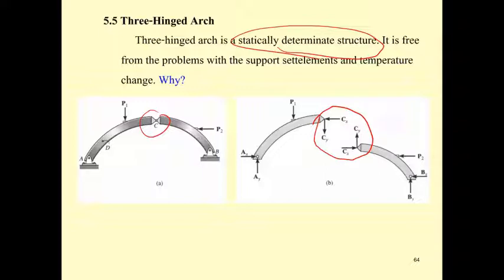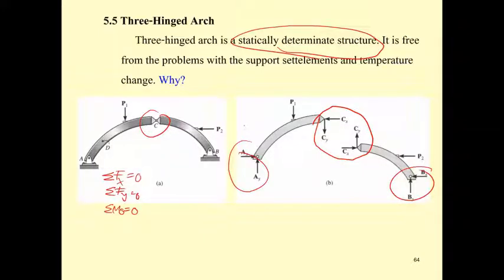So now we have a total of 2, 4, and 6 unknowns. When we solve this, which way are we going to use? We will have 3 equations of equilibrium for each part, and most of the time we take the moment.